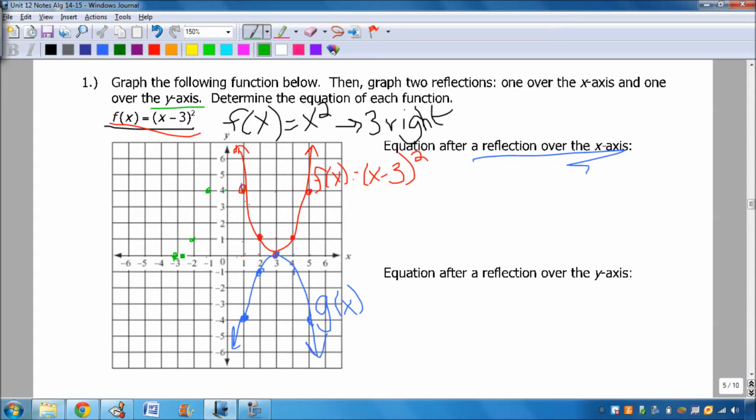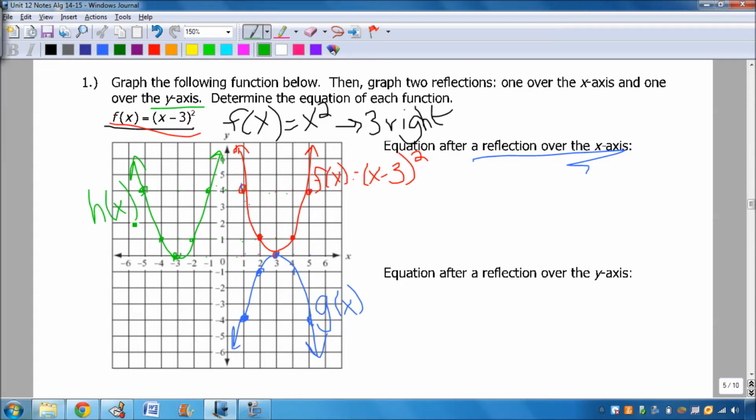You guys know how to do reflections over the y-axis, so I'm doing this quickly. This is 4 away, so take another 4 steps. This last one is 5 away, so take 5 steps, then 5 more. This right here is my reflection over the y-axis. We're going to call this one h of x.